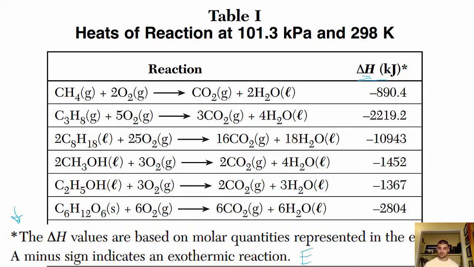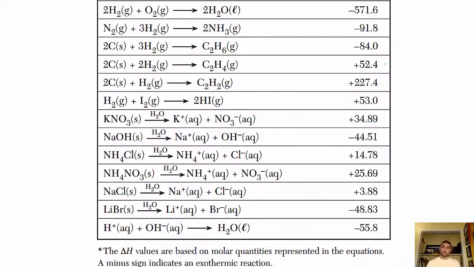So exo is negative, and if it's positive, then it's endothermic. If we take a look at these examples, they're all exothermic because they all have negative delta H's. Whereas if we look at some other places in the chart, like these examples, they're positive. So these would be endothermic reactions, because they have a positive delta H.